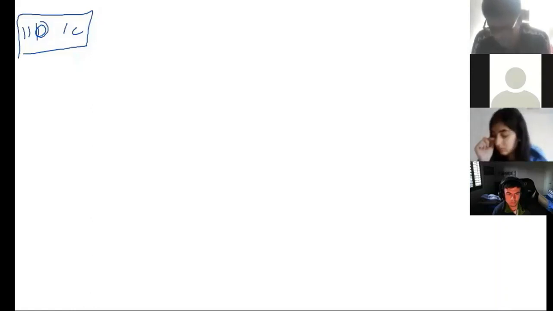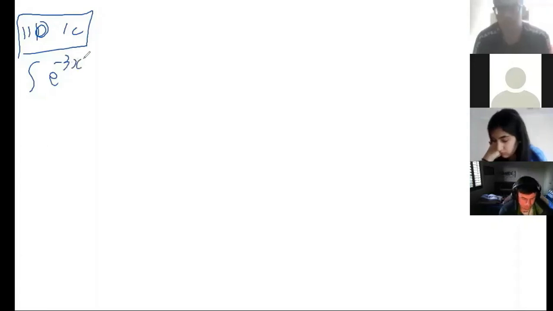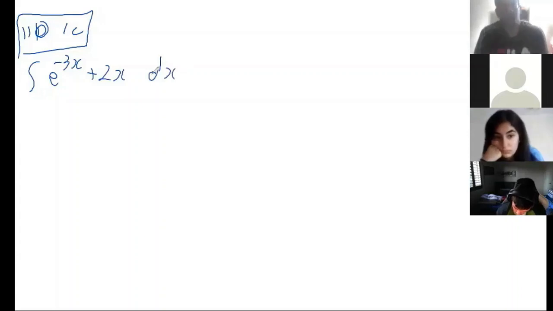Find the general antiderivative for each of the following. So it says antiderivative. I'm going to write the antiderivative of e to the negative 3x plus 2x, and of course it's always with respect to x. Let's do the first one.